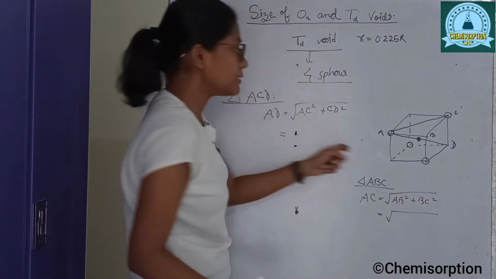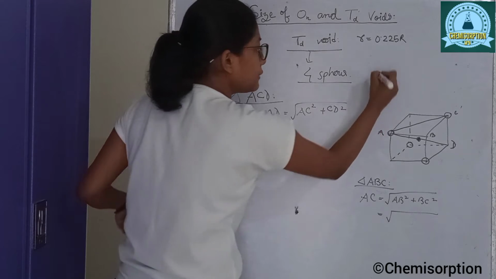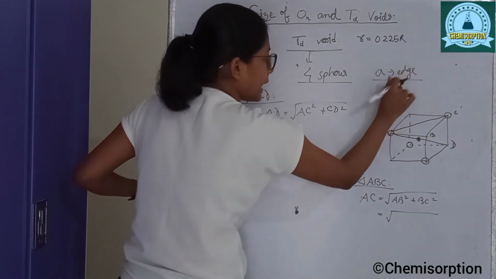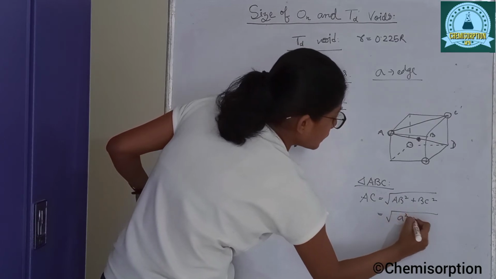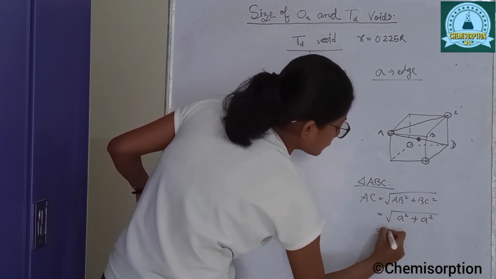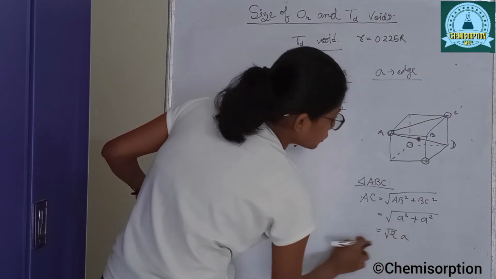AB and BC are sides of the cube, and if A is the edge of a cube, then AB square is equal to A square, BC square is also equal to A square, so we will have root 2A.